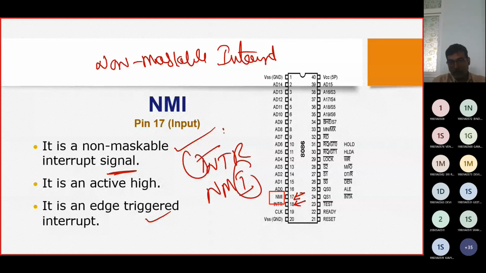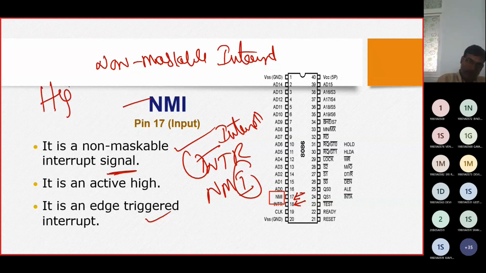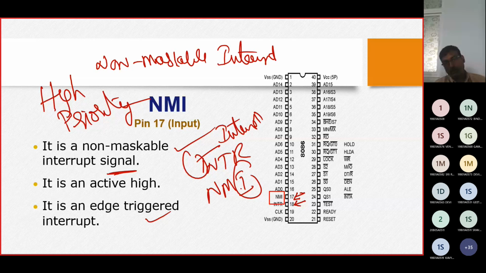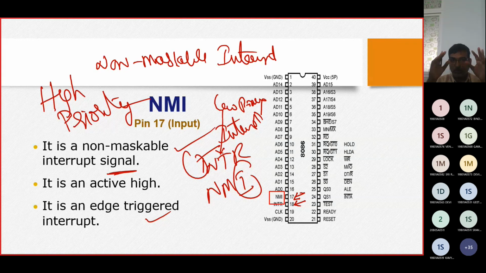Both we call interrupt, then what is the difference? The difference was non-maskable interrupt is going to have high priority, whereas interrupt request is going to have a low priority. So this is the only key takeaway we should get from this slide.